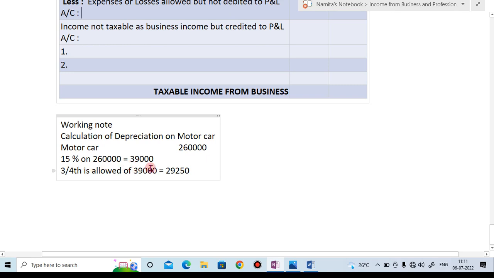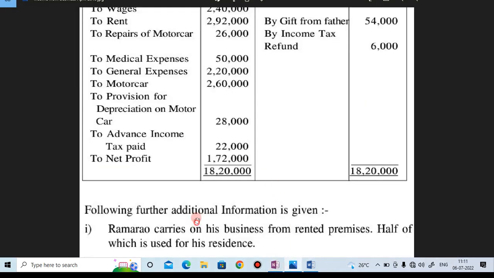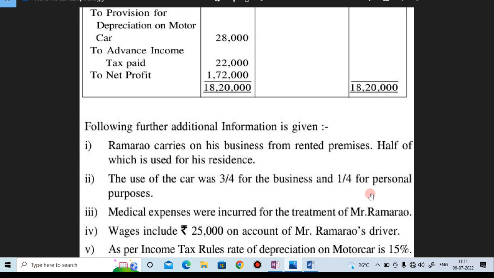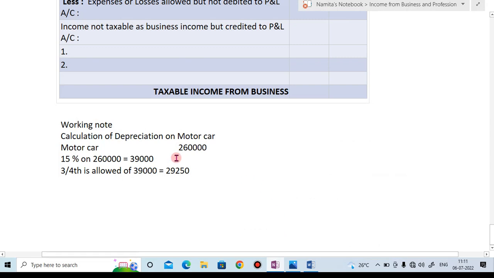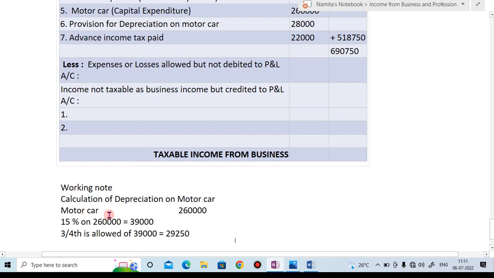Now this motor car was used for business as well as for personal use. So 3/4 is used for the business. That's why the expense is allowed. So 3/4 is allowed, meaning it is allowed for the business.